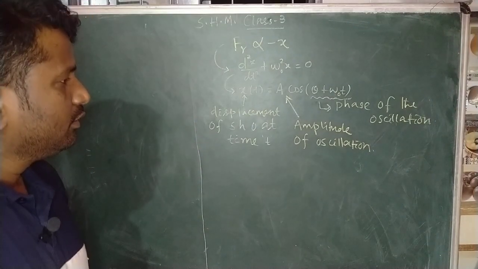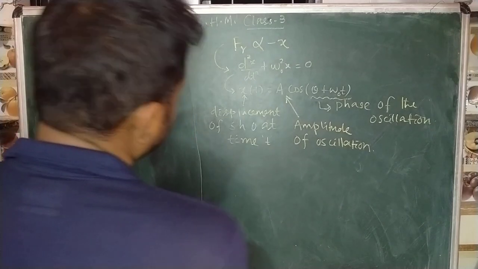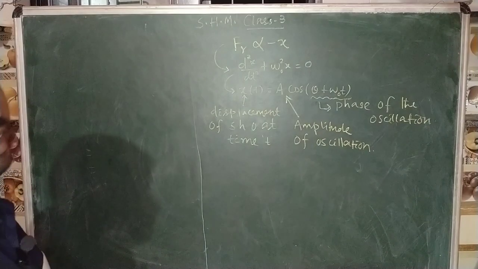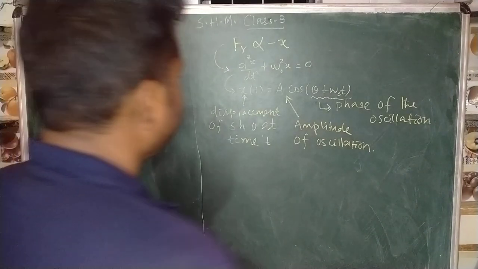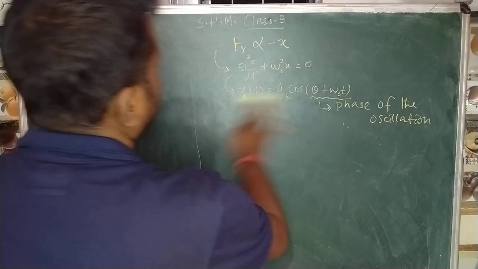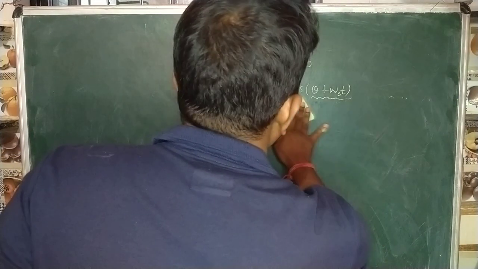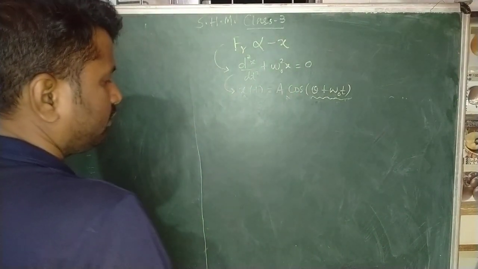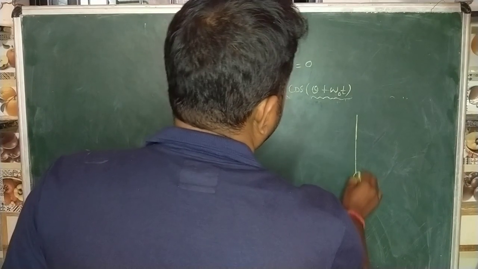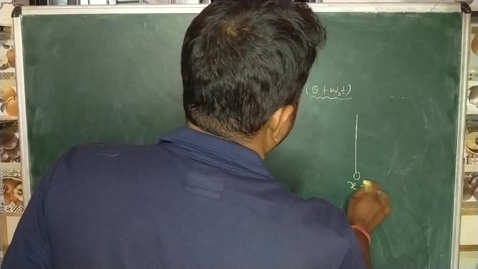Okay? So let's proceed. First, collect some information about the amplitude. What is it? In simple words, it is the maximum displacement on either side of the mean position. That means if the oscillation starts here, and this position is x equal to 0, our mean position.